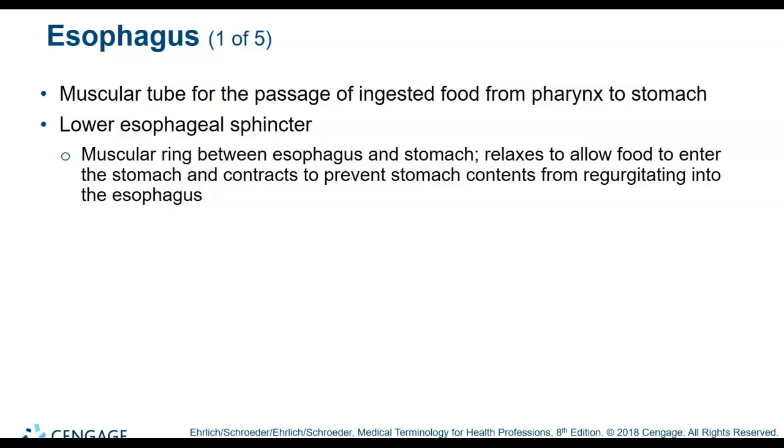This sphincter is actually a muscular ring between the esophagus and the stomach, and it relaxes when we are eating, and it allows food into the stomach, but then it contracts or closes to help keep those stomach contents from regurgitating or coming back up through the esophagus.